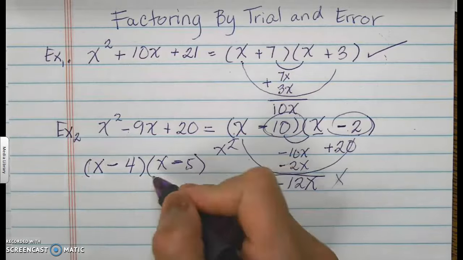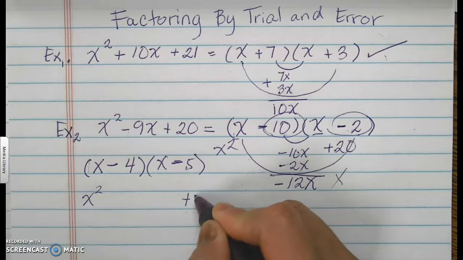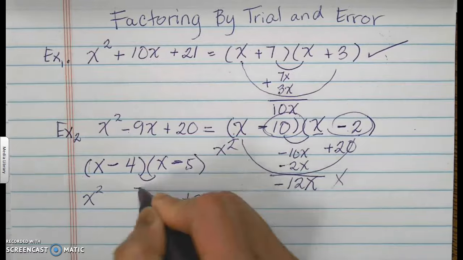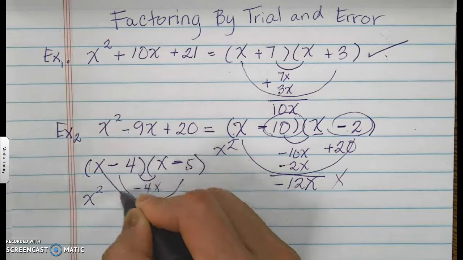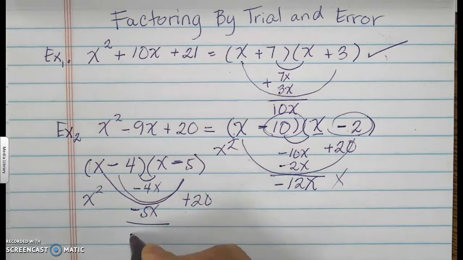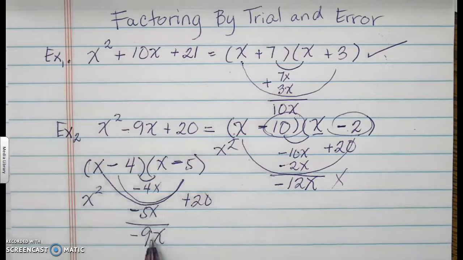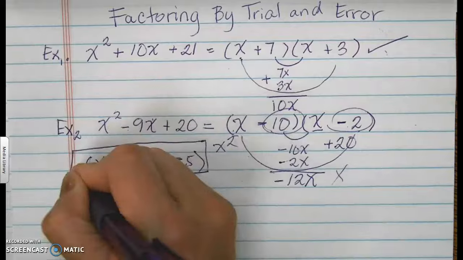Now let's do our middle term. That's negative 4x, and I'm sorry, this and this is negative 5x. Middle is negative 9x. Therefore, that is the right combination of factors. These are the factors.